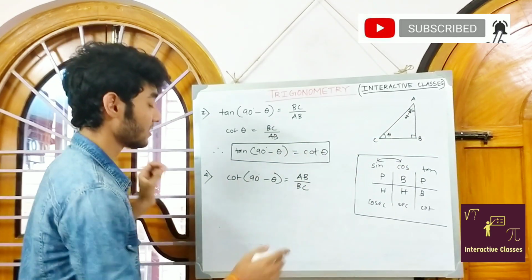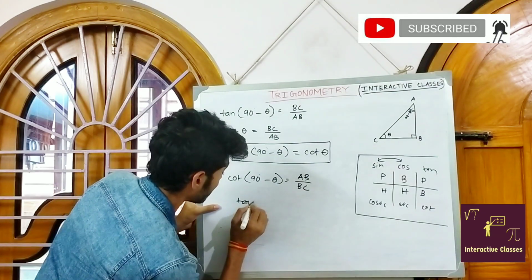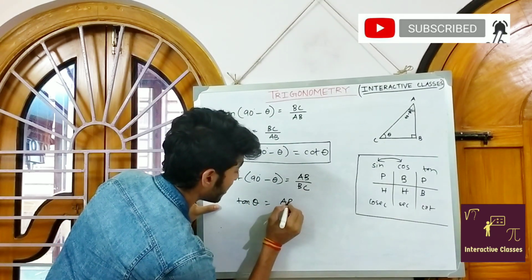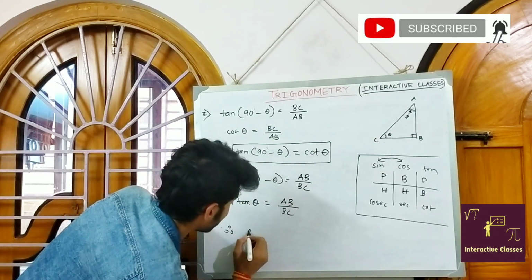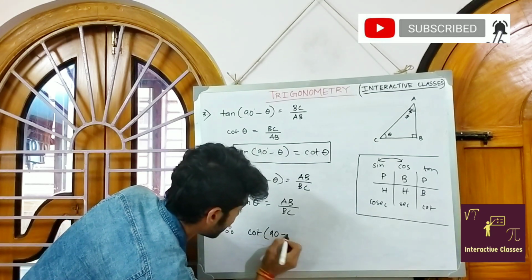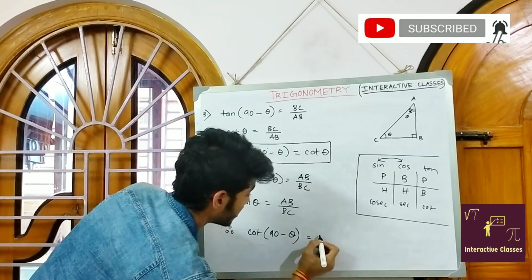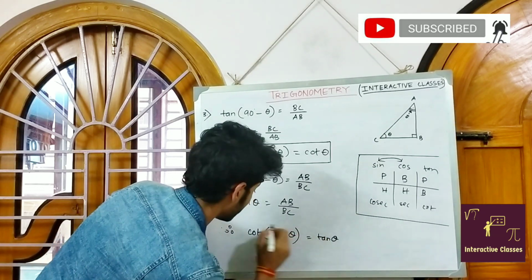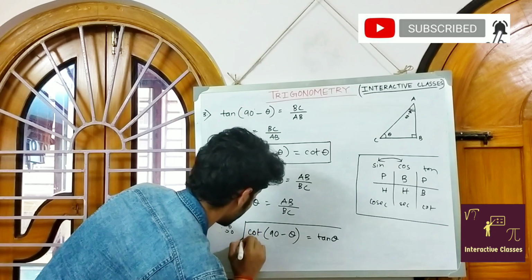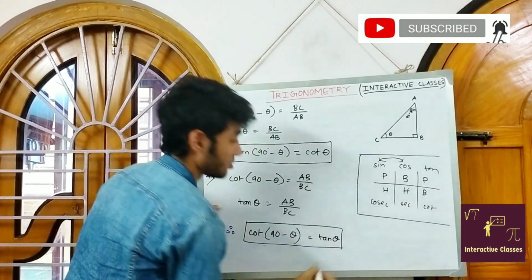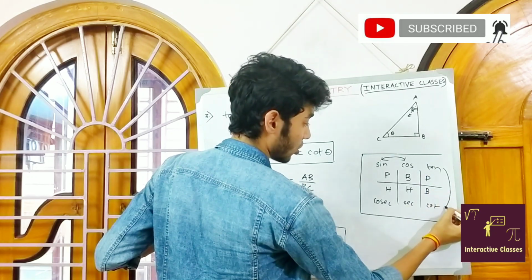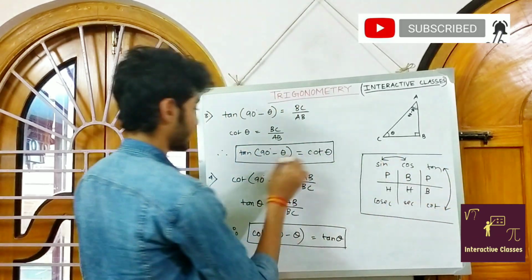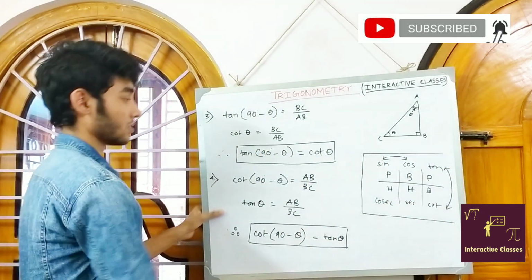So we know that tan theta is AB by BC. Therefore we can write cot 90 minus theta equals tan theta, similar to sin and cos. So tan becomes cot and cot becomes tan.